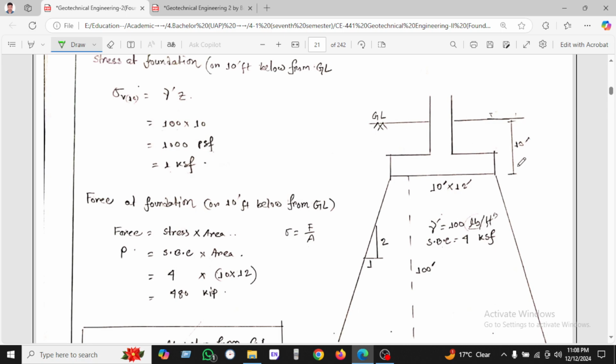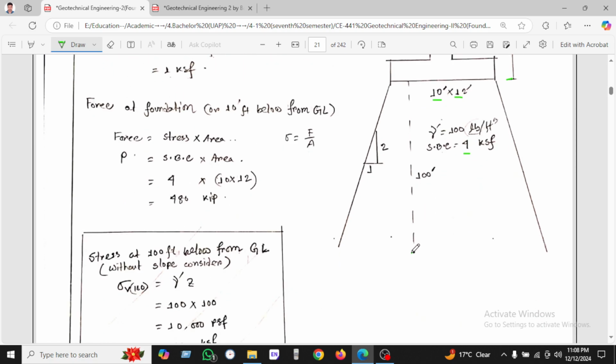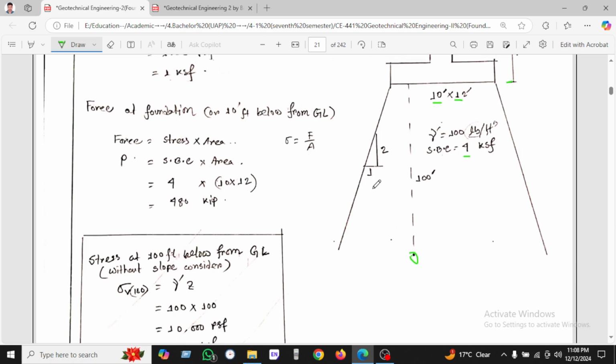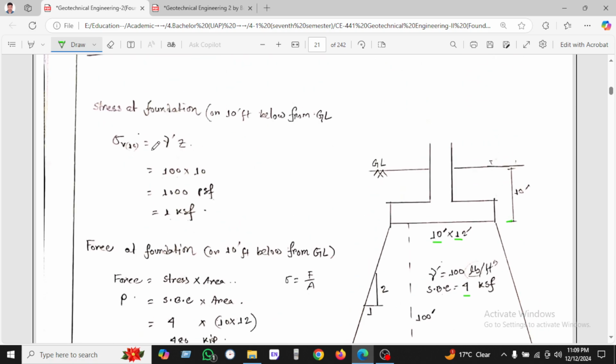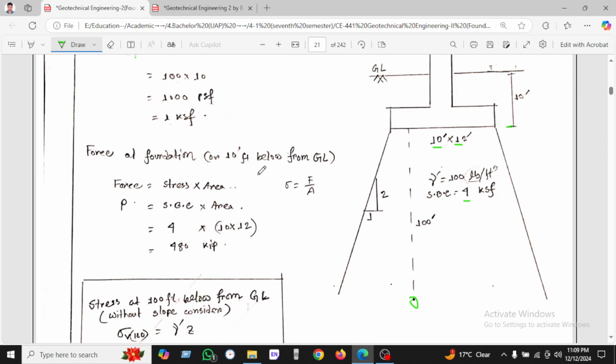The foundation depth is 10, and the footing size is 10 into 12, and soil unit weight is 100 pounds per cubic feet, and soil bearing capacity 4 KSF, and the slope is 2:1. So we can calculate the vertical stress at 10 feet: gamma prime into Z, which is 1 KSF. Force at the foundation level 10 feet below the EGL.